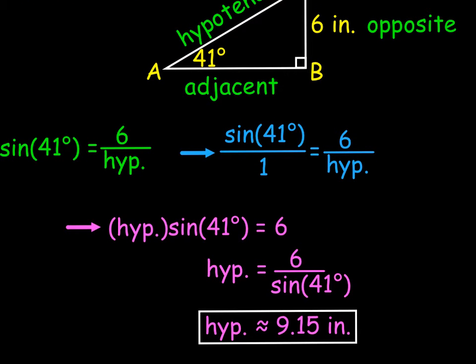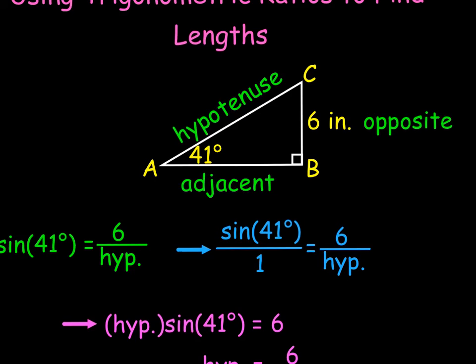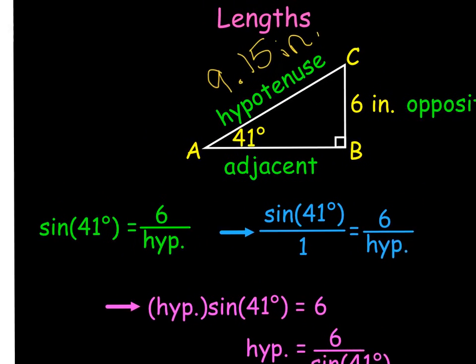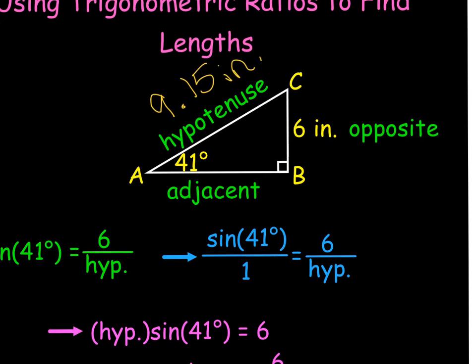And now I can go back up here to my picture and write in my measurement for my hypotenuse. That way I can keep track of which sides I have and which sides I still need to find. So if you look at your picture, you can see that we now have our hypotenuse as well as our opposite. So we are now looking for our adjacent.